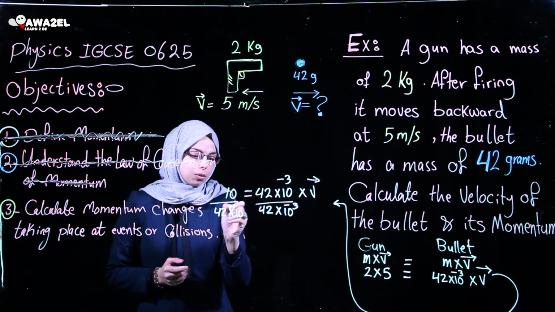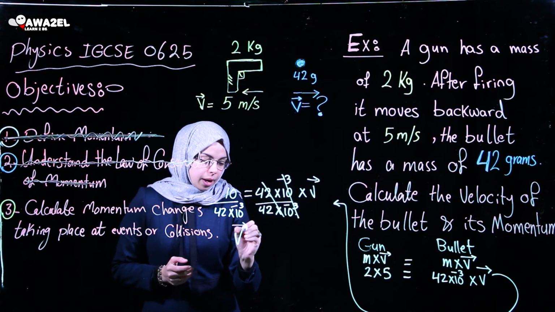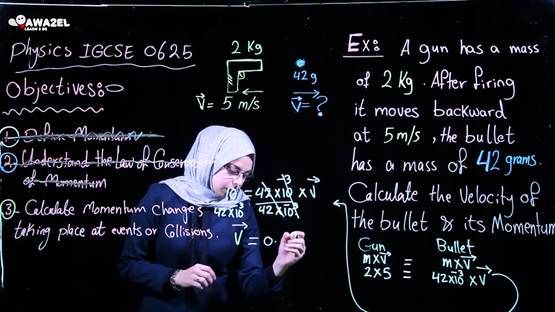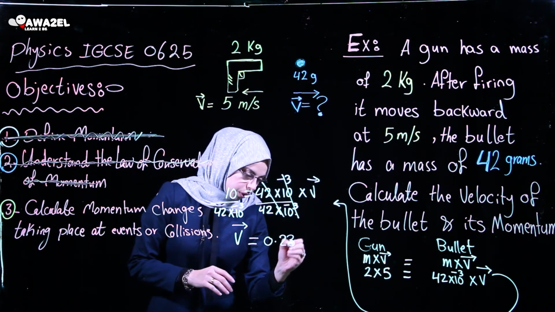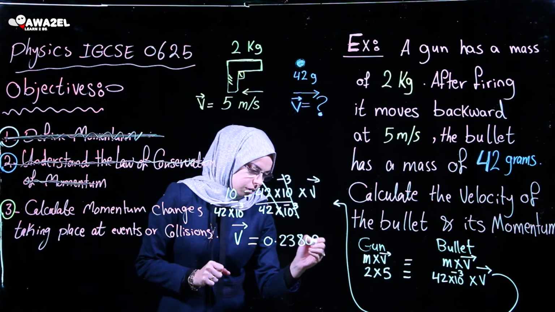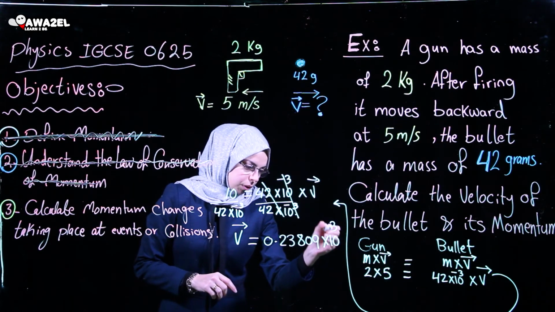Finding out that velocity equals 0.23809 times 10 to the power 3.